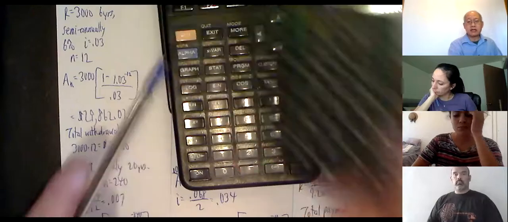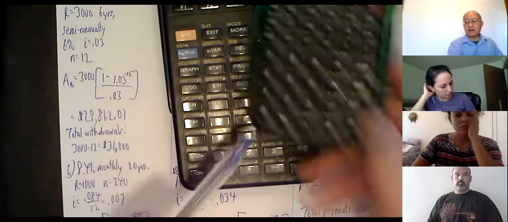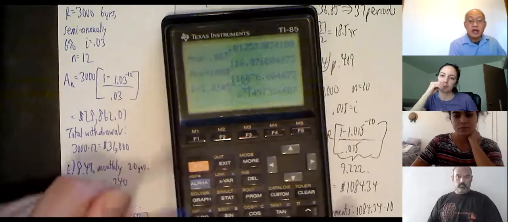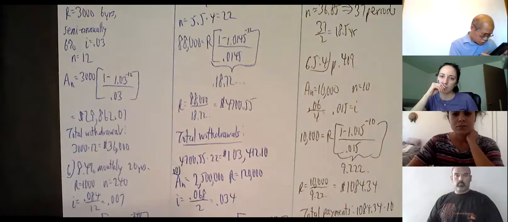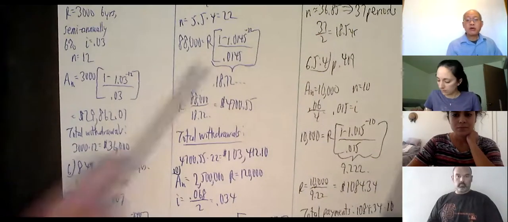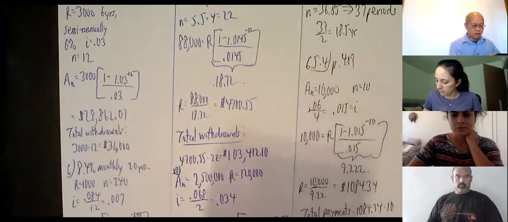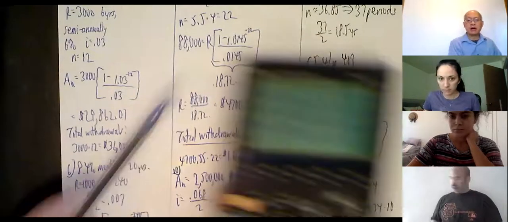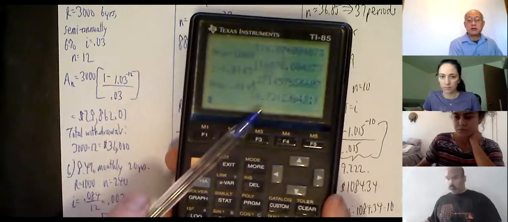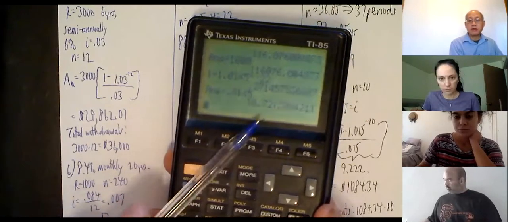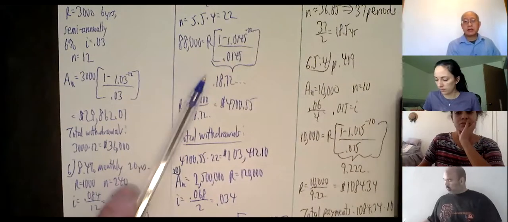Most calculators are like this: you hit the 22 and then hit that, and then the negative pops up. Okay, anyway, I got that. And then I'm supposed to divide by 0.0145. Okay, 18.7212094211, whatever.